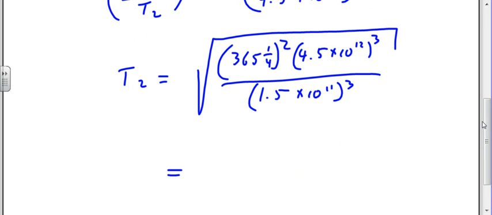Alright, well, square root of 365.25 squared times 4.5 E 12 cubed divided by 1.5 E 11 cubed. And we have 60,000 days.